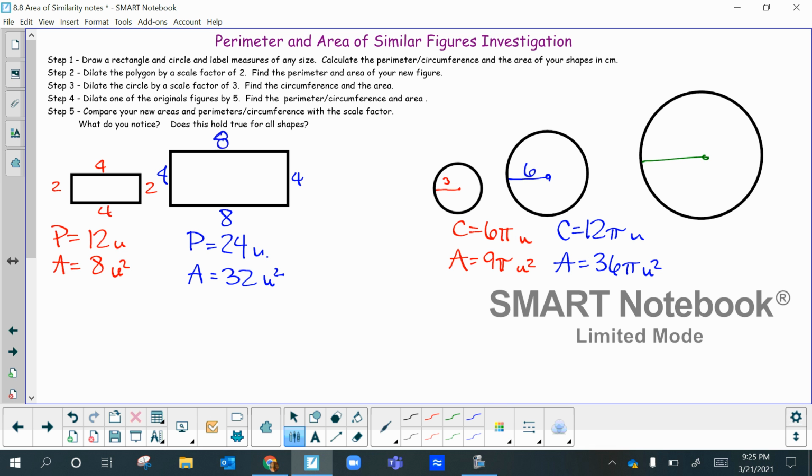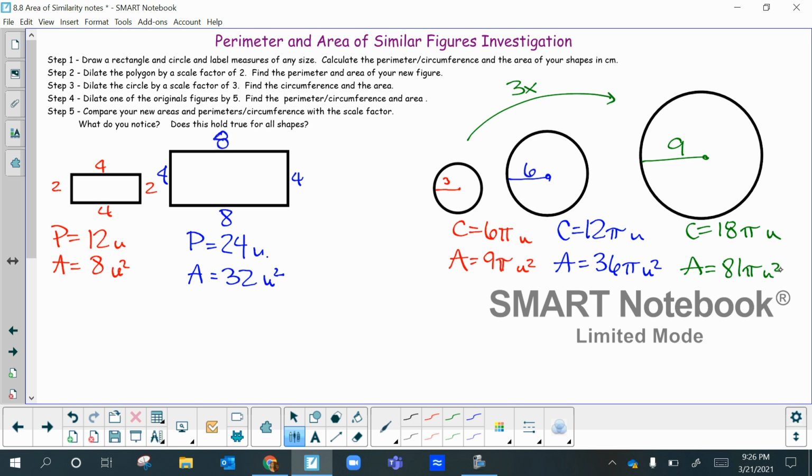So this radius, since it's 3 times bigger, is going to be 9. And this is the one that is 3 times bigger. So the circumference here is going to be 18 pi, pi times diameter. The area is going to be pi r squared, which is 81 pi units squared.